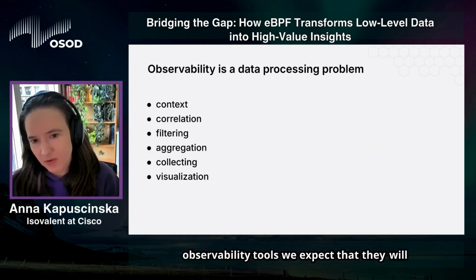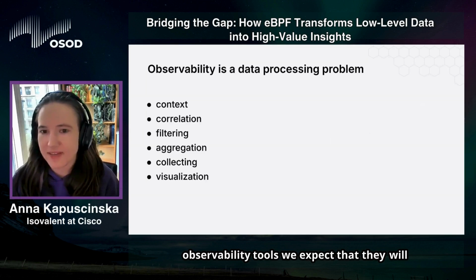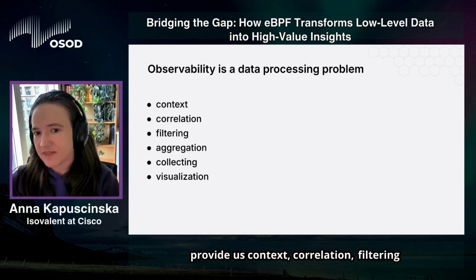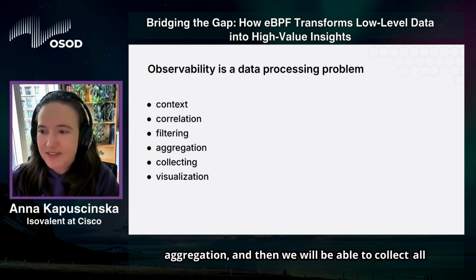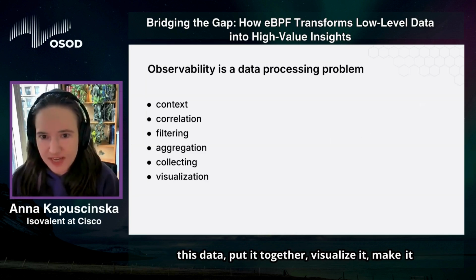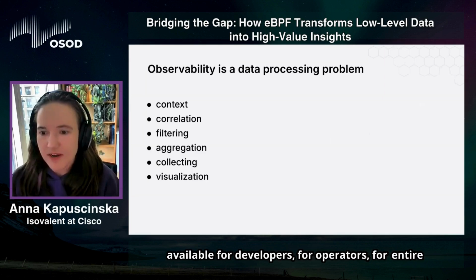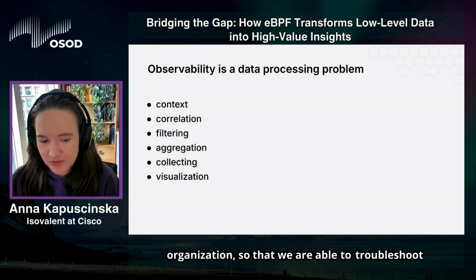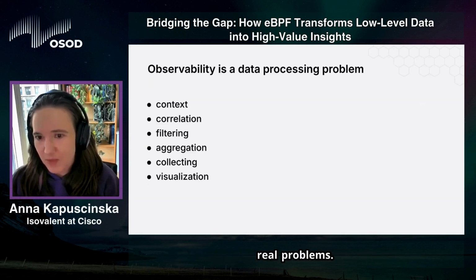From observability tools, we expect that they will provide us context, correlation, filtering, aggregation, and then we will be able to collect all this data, put it together, visualize it, make it available for developers, for operators, for the entire organization, so that we are able to troubleshoot real problems.